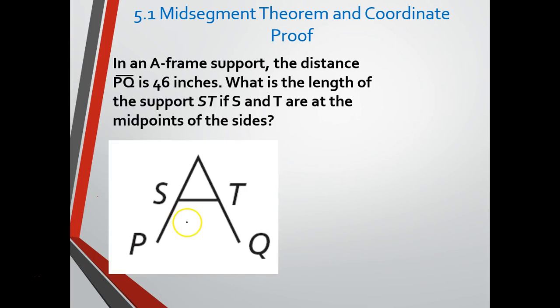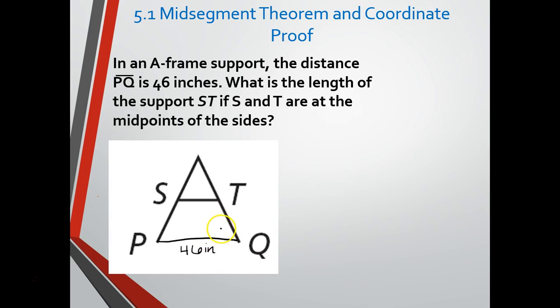Okay, so our next exercise is just a little application problem to what we are looking at with midsegments. And it says this: in an A-frame support, the distance PQ, down here, is 46 inches. I'm going to go ahead and draw that in. So from here to here, that is 46 inches.